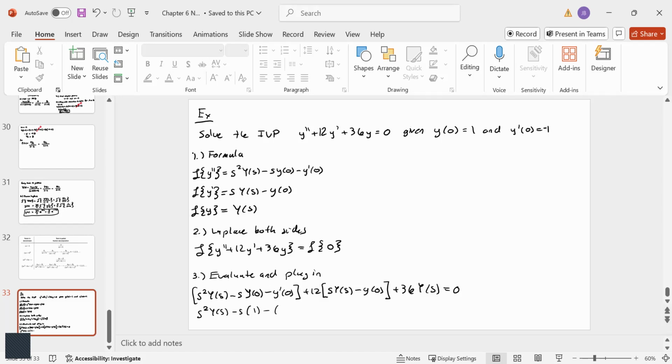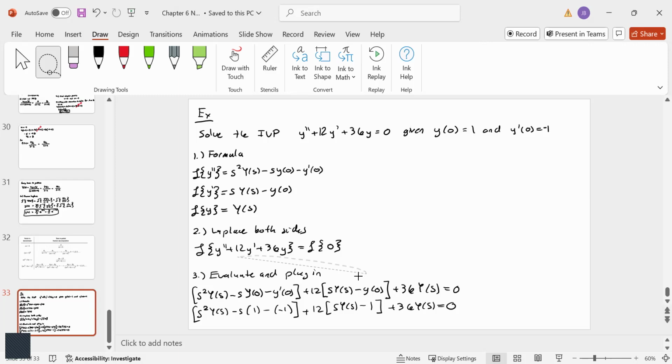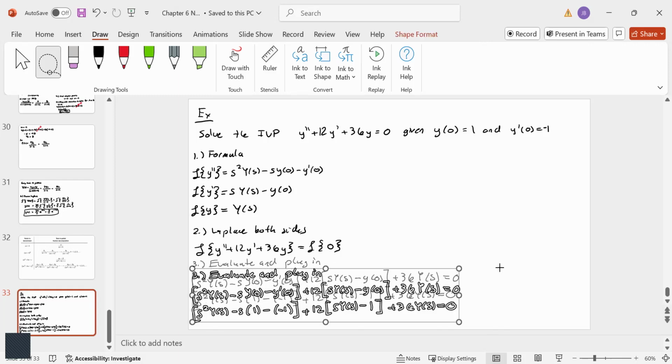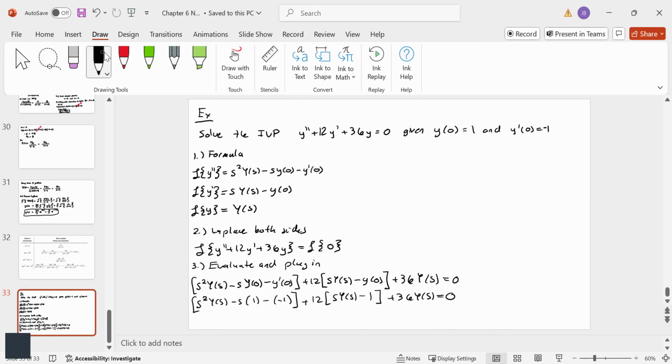So now we're just plugging in our initial conditions, so be careful with our negative signs. I want to make sure that we are distributing them correctly. Like that. And then I will do one more step on this slide just to simplify it a smidge more.